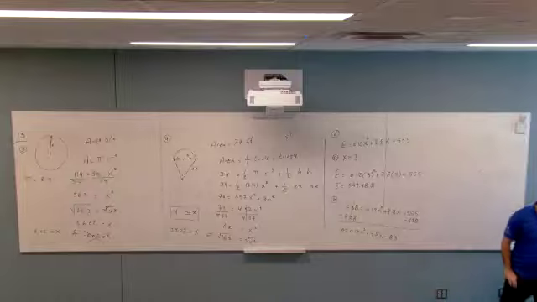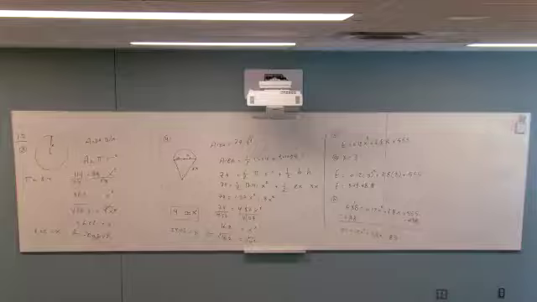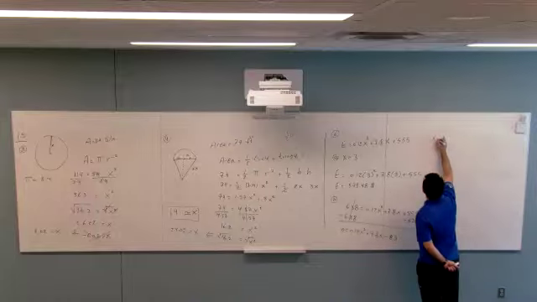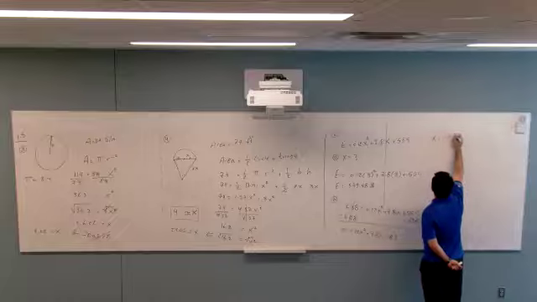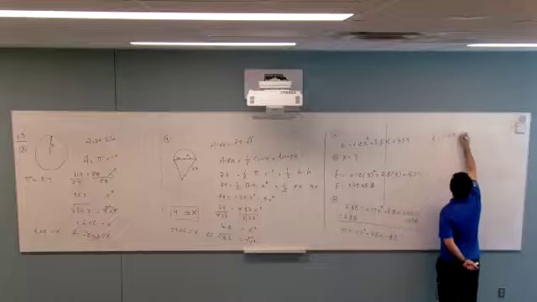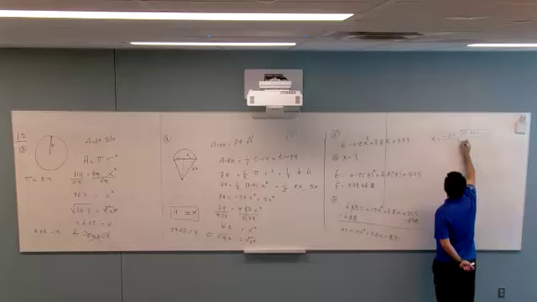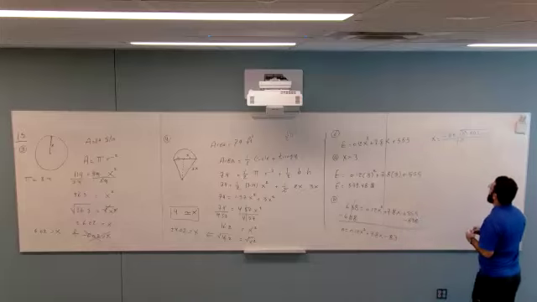The quadratic formula is x equals negative b plus or minus the square root of b squared minus 4 times a times c, divided by 2 times a. That's the formula.